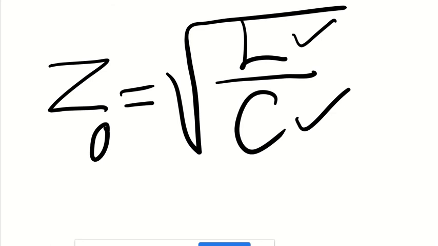For example, people see in the manual that the impedance of this coaxial cable is 50 ohm. That's where it comes from. It is because of the way it reacts to transmission of signal that all this inductance and capacitance come to life.